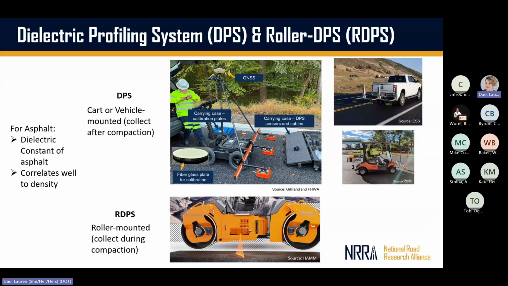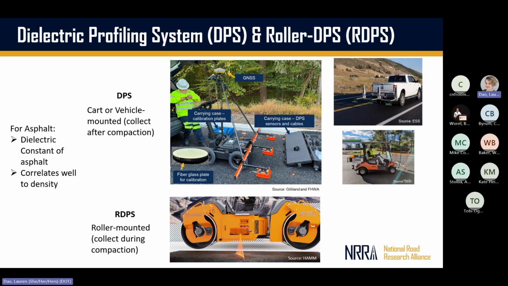Okay, we're going to talk about the dielectric profiling systems. This is the traditional cart mounted system. We'll also talk about the roller mounted systems. Those are a little bit more recent. This is a great quality tool. Again, compaction density is so critical when we're talking about asphalt quality.